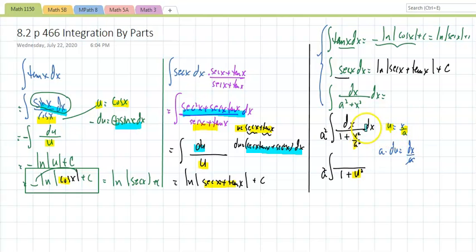And if I take dx, that's really a times du. And wouldn't this cancel one of those? And I'll be left with 1 over a. And isn't that the inverse tangent of u? And what's u? So wouldn't that be 1 over a, the inverse tangent of x over a plus c?